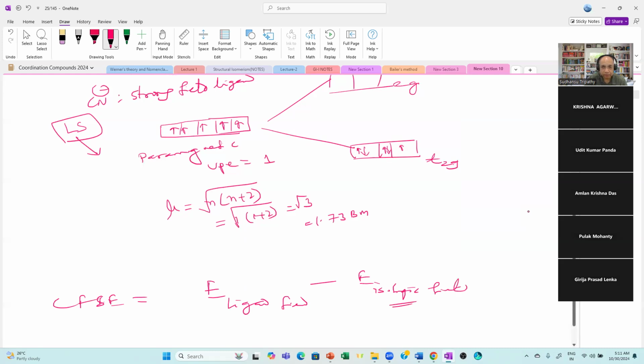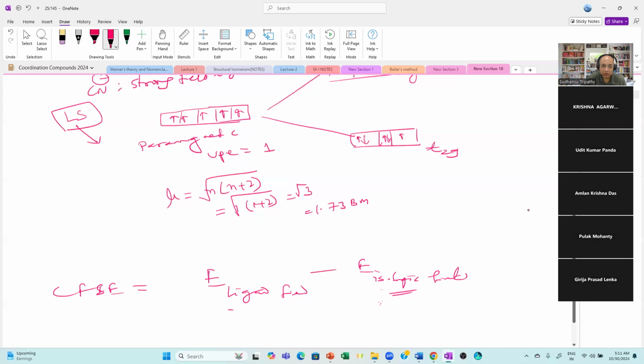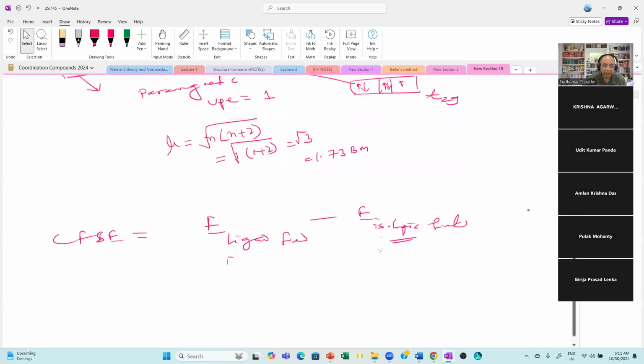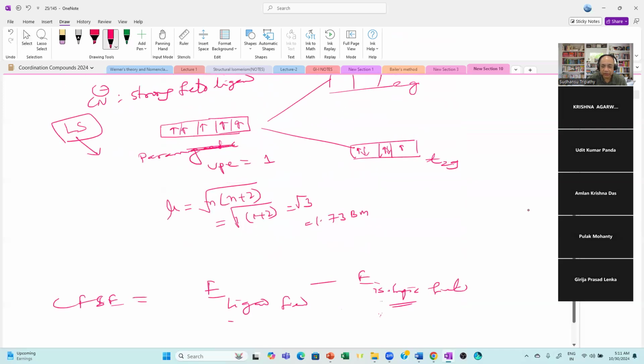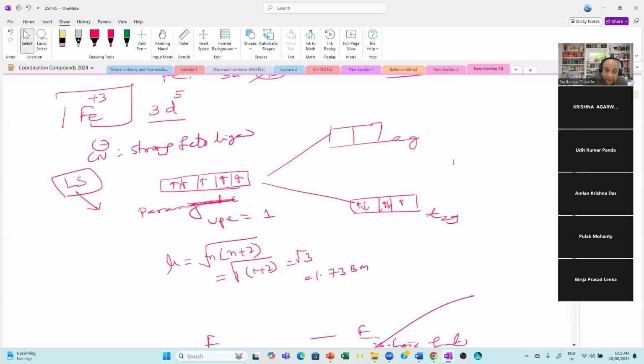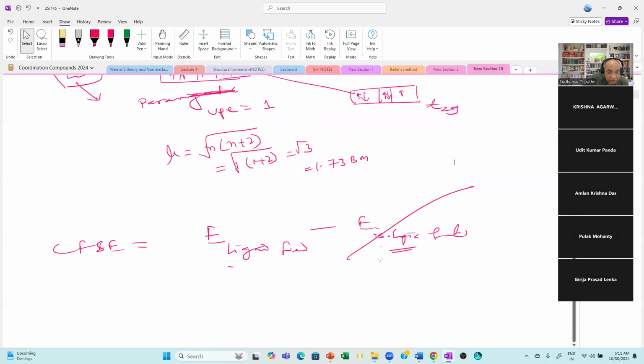Here, there are no unpaired electrons to consider, so this will be totally removed. There is no electron pair, so there will be no cancellation of electron pair.